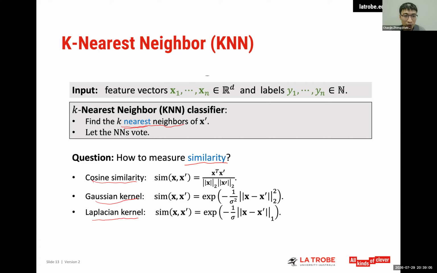So in that case, you may prefer to use the cosine similarity to define the nearest neighbors. Or sometimes you may prefer to use some weighted vote.